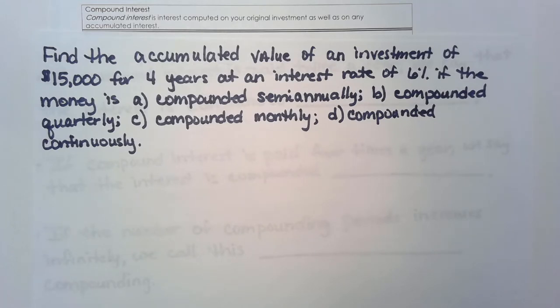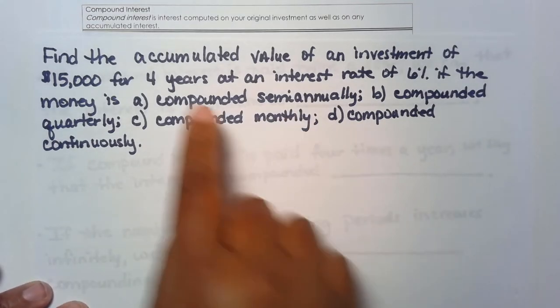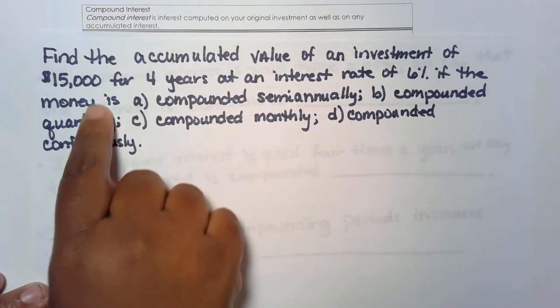But before we do this, what is compound interest? Compound interest is interest computed on your original investment as well as on any accumulated interest. So there are four parts to this question that they're asking us to find the accumulated value. What would be the money that you invested?